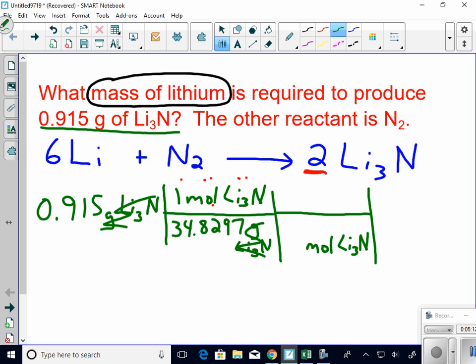A 2. My balanced chemical equation, I get a 2. What am I trying to convert this into? Into what? Lithium. So on the top, I'm going to put mole of lithium. What do I get from my balanced equation? A 6.